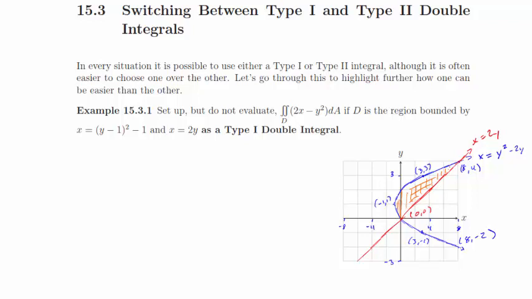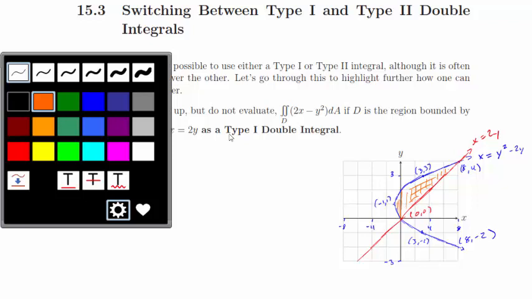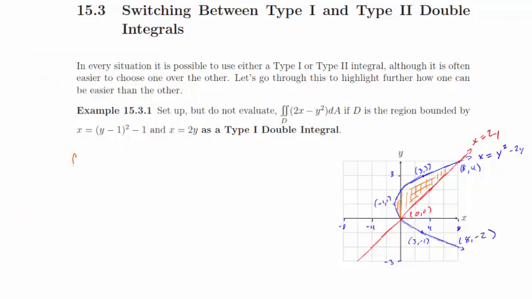And so when I do this, if I want to integrate with respect to y first, I need a y lower bound and a y upper bound in terms of x. And right now I have x in terms of y, not y in terms of x. So we're going to have to do a little bit of work here. Let's look, well, the x equals 2y, this one we can switch around as y equals 1/2 x.